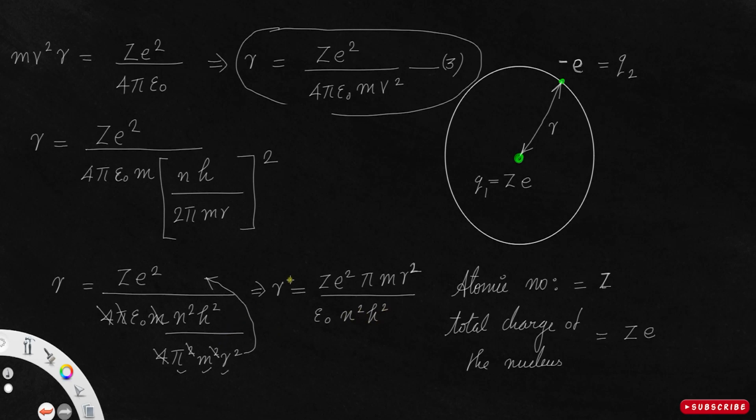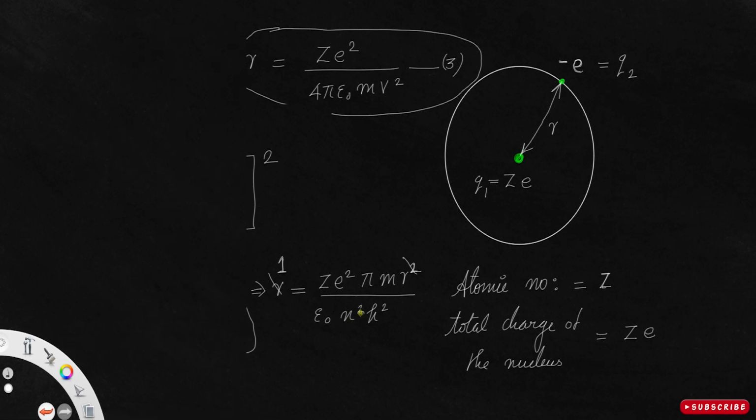Okay, now I can cancel one of the r. Actually there is an r square in here and there is only one r here. So the remaining value on the left side will be 1. So I'll get the final expression. I can take this value to the left, that is epsilon 0 n square h square equal to z e square pi m r.